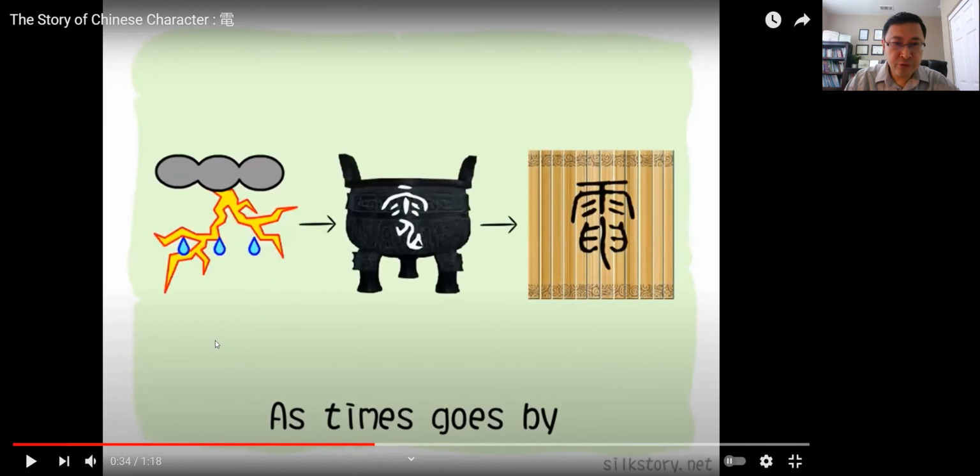So the video shows you this character originally was a picture of thunderstorm with lightning, which produces electricity. So this character in Chinese means electricity.